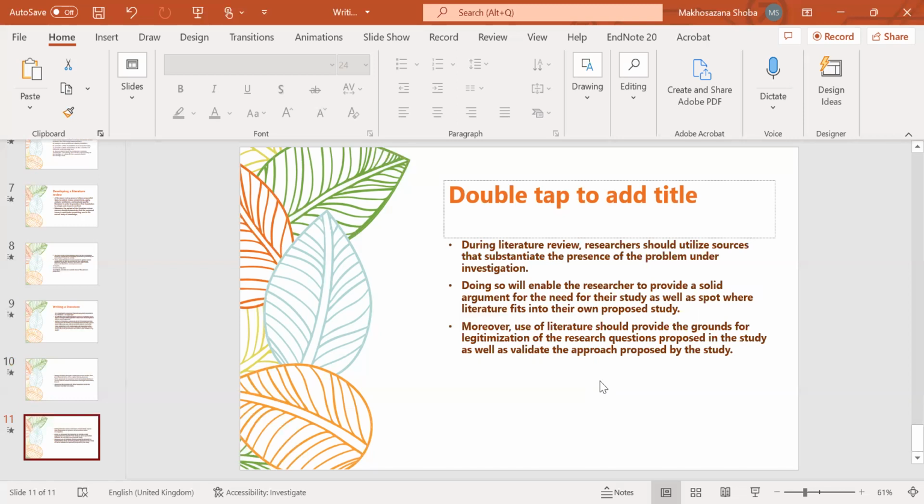What does literature say about the problem or the phenomenon you are investigating, right? Doing this will enable you to provide a solid argument for the need for your study, as well as spot where literature fits into your proposed study. Moreover, the use of literature provides the grounds for legitimizing the research questions proposed in the study, as well as validating the approach proposed by the study.